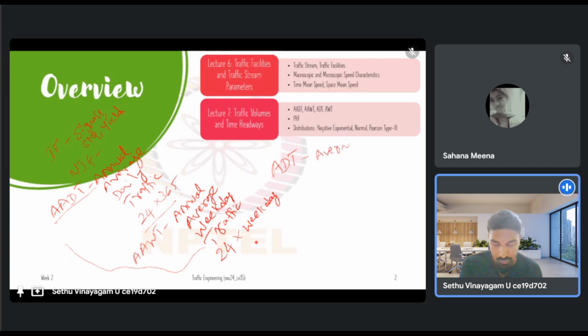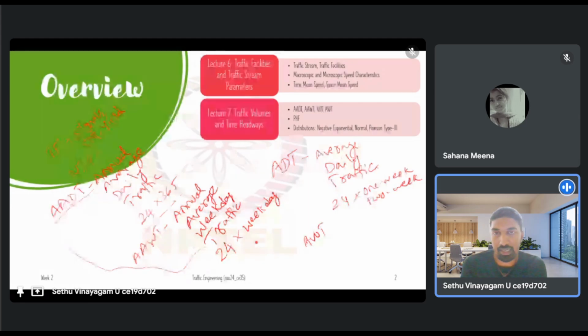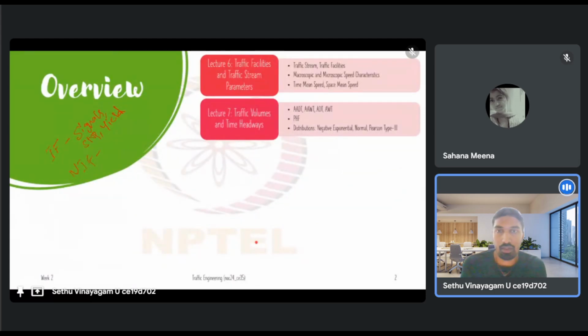So this is the average daily traffic, for 24 hours, but over 1 or 2 weeks. And similarly, when you do it for only the weekdays, you will get the average weekday traffic. So these are the different quantities that we measure for traffic volume.